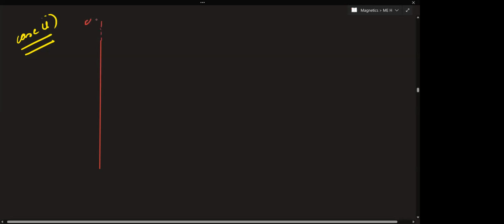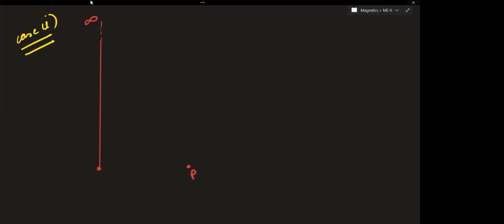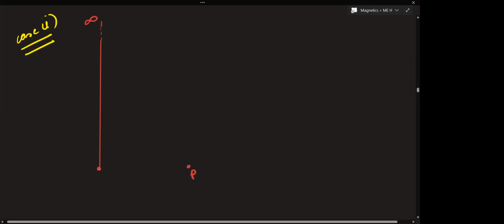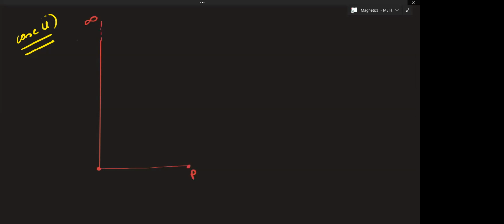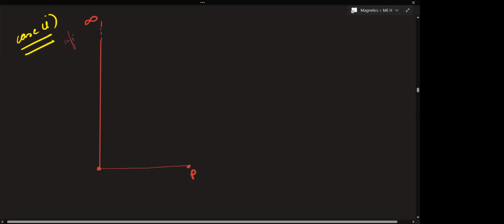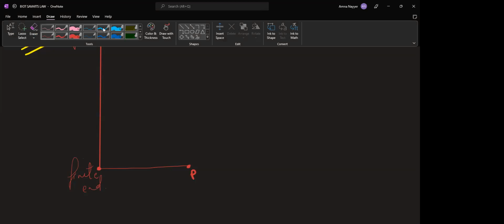So semi-infinite means one end is at infinity, the other end is fixed. In case of a semi-infinite wire, the point is lying towards the finite end. One end is finite. See, this end is infinite. This is the finite end. And the point lies near the finite end.